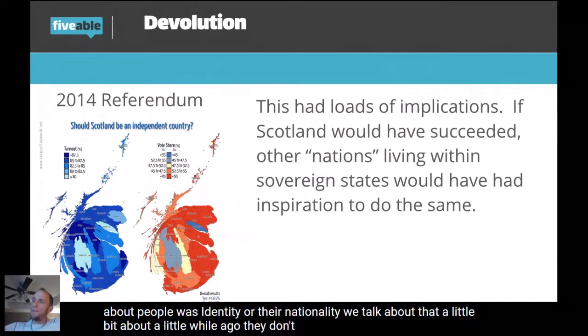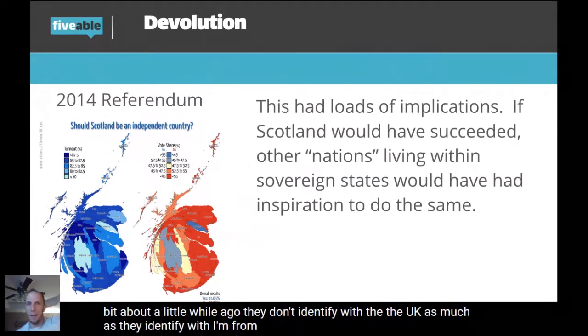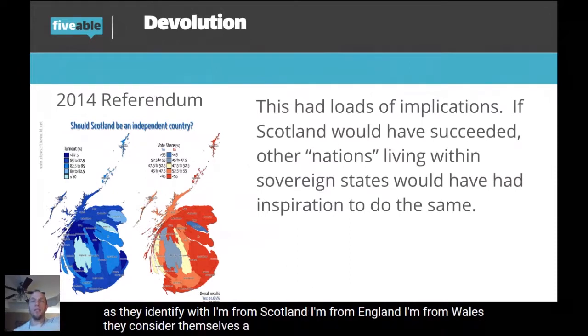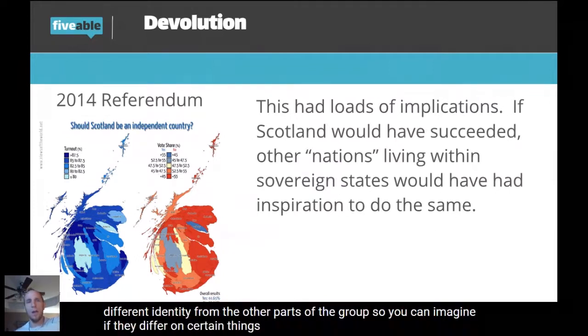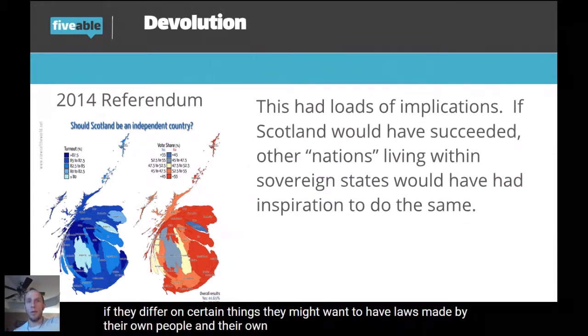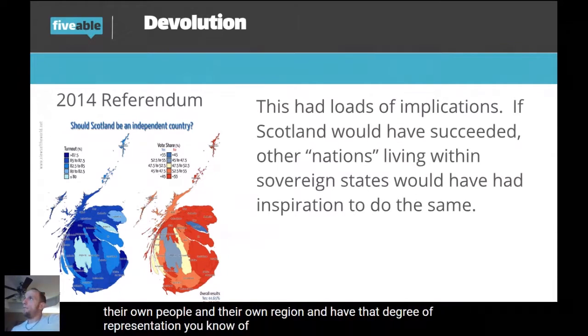They don't identify with the UK as much as they identify with, I'm from Scotland, I'm from England, I'm from Wales. They consider themselves a nation to themselves and a completely different identity from the other parts of the group. So you can imagine that if they differ on certain things, they might want to have laws made by their own people in their own region and have that degree of representation of government.